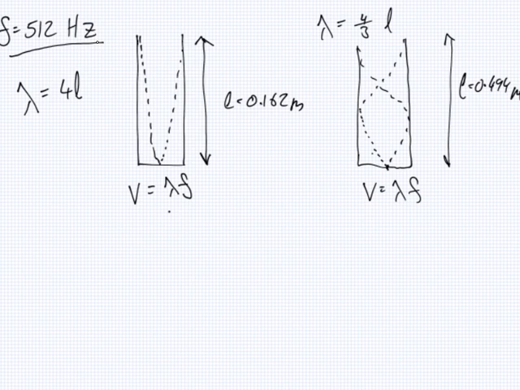So in this experiment, we said lambda equals 4L and lambda equals 4/3 L, but it's not quite exactly that. There's an error that we have to add. It's not going to be perfect.